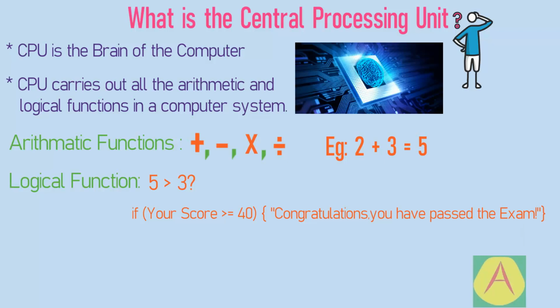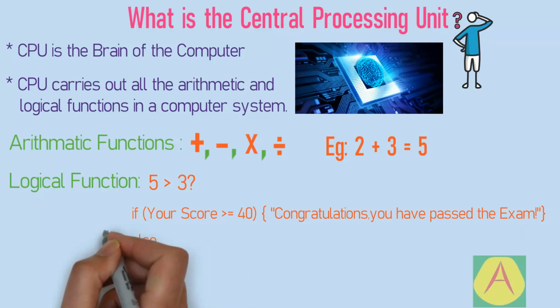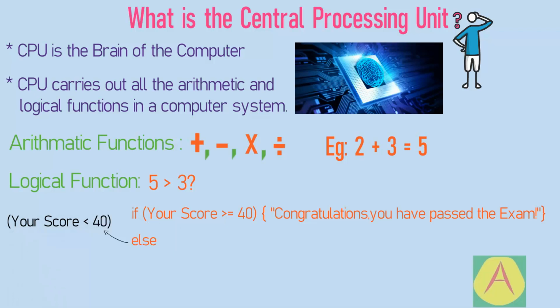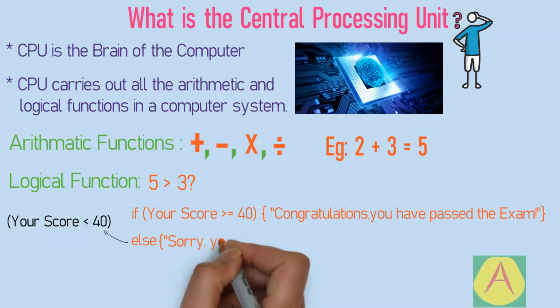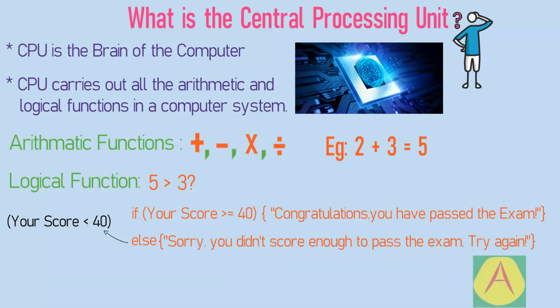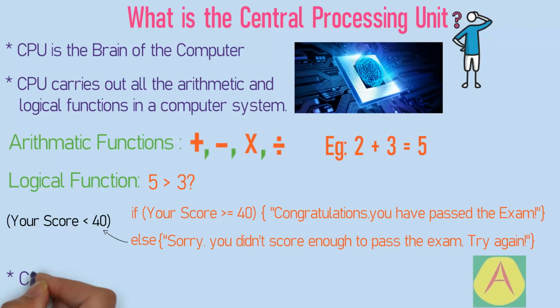Or else, if your score is less than 40, it might display a message like, "Sorry, you didn't score enough to pass the exam. Try again," or something similar. Here, the important point is that CPU can compare two numbers or text, and based on that comparison result, it can run different instructions. You will learn more about the logical functions in section 2.